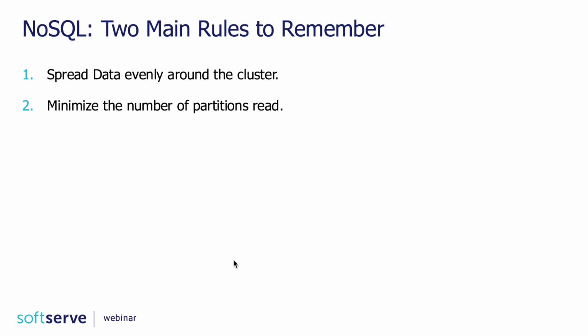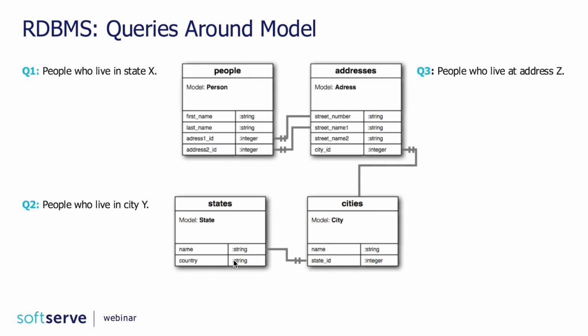A partition is really just a subset of data which sits on one of the servers, right? So if you're looking for, let's say, users from the city of Toronto, you really want to query only one server which has all of this data and which will be able to retrieve it very fast and send it to you over the network. So these are the two main principles, which are a little bit different from the RDBMS.